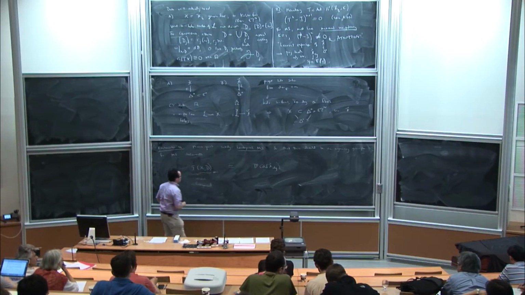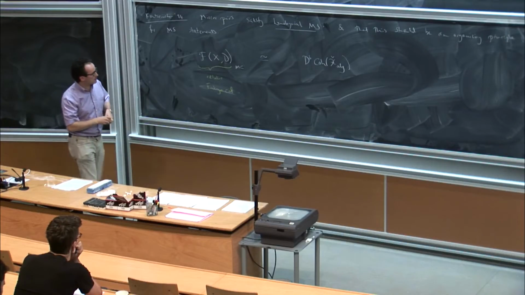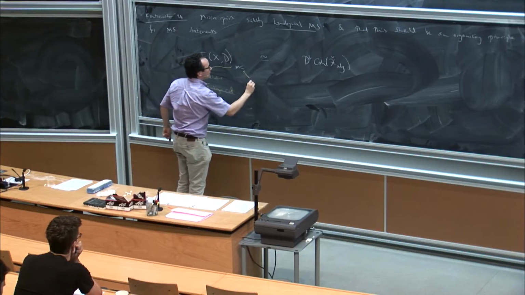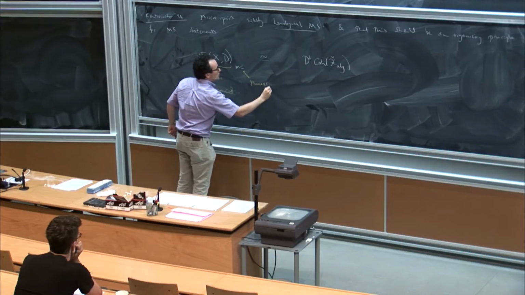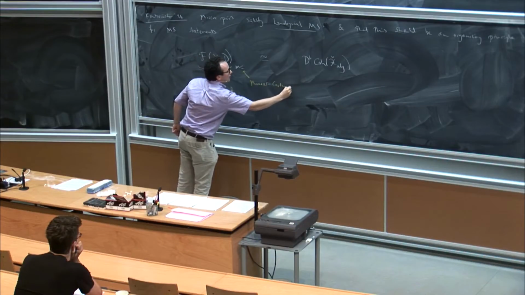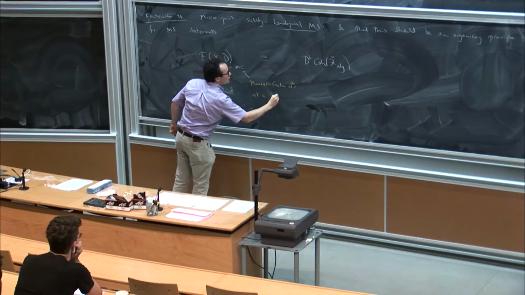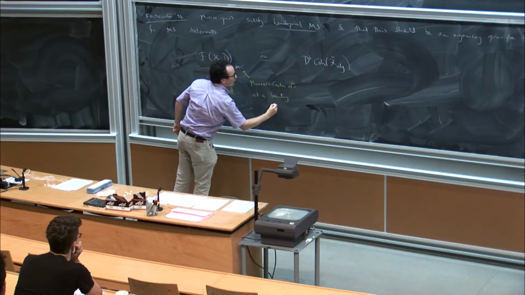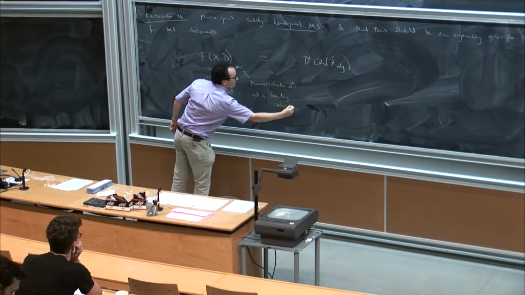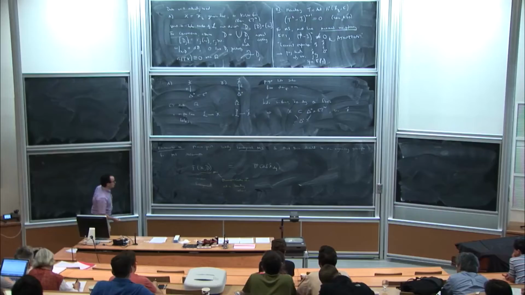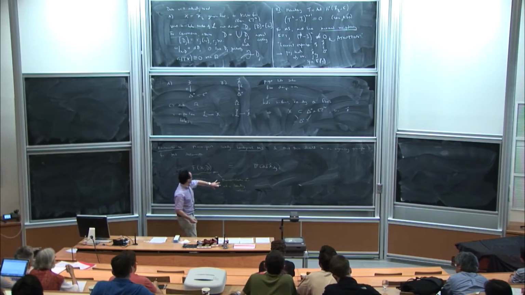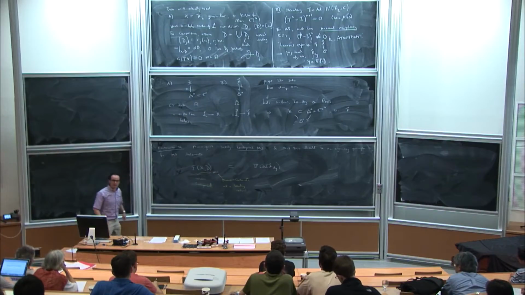Okay, my first decoration is an MC. That stands for Maurer-Cartan elements, also known as bounding cochains. If you haven't encountered this notion, I'd recommend you ignore it.